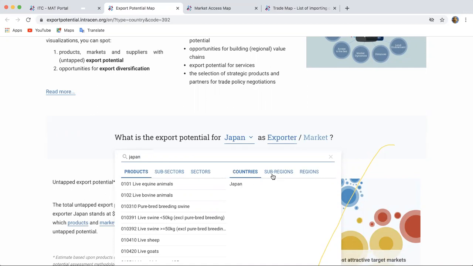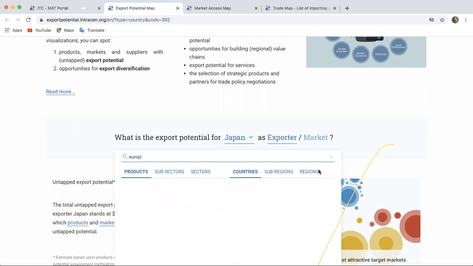But for example, if you're looking for a region, let's say Europe, it will show up in subregions and in the region. So you have to click on the tab. You have to be aware of the fact that you're looking for a group and not just one single country.